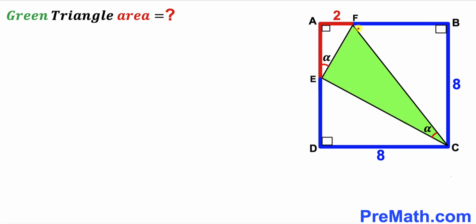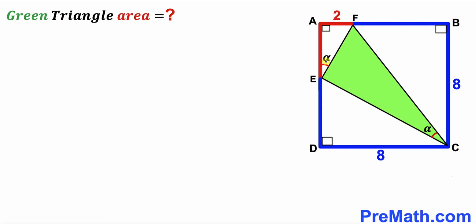Welcome to PreMath. In this video, we have this green shaded triangle EFC fully confined in a blue square ABCD, as you can see in the given diagram, such that the side length of this blue square is 8 units, and moreover this tiny segment AF is 2 units.